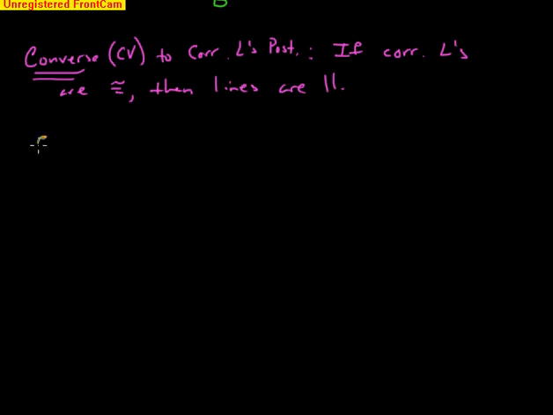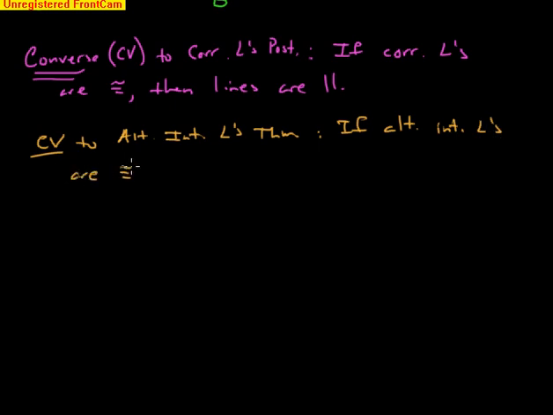Similar idea for all the other ones. The converse to the alternate interior angles theorem. So again, it's a converse, CV, converse. If alternate interior angles are congruent, right? They're the ones that are congruent, then lines are parallel. Okay?